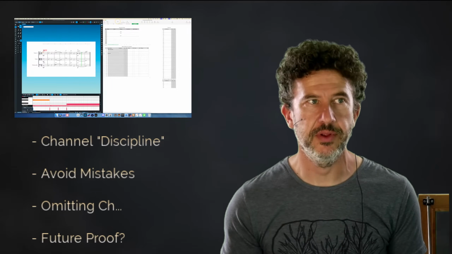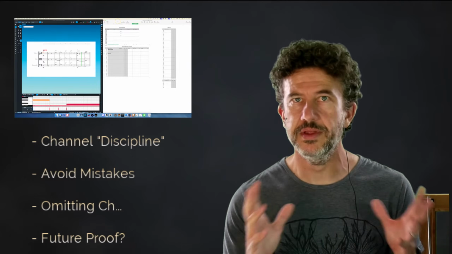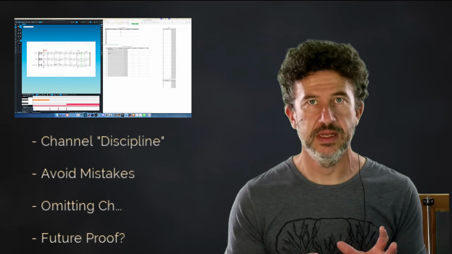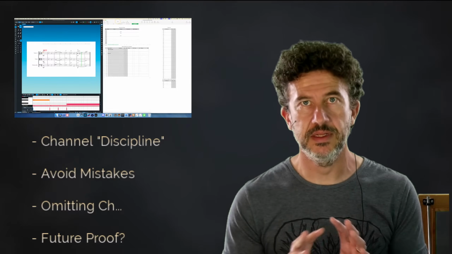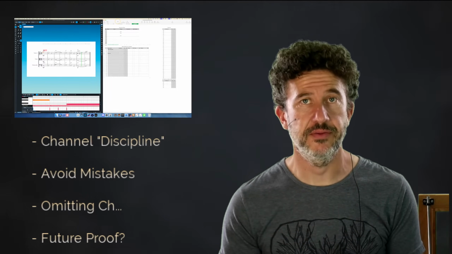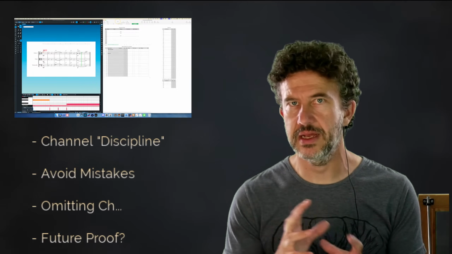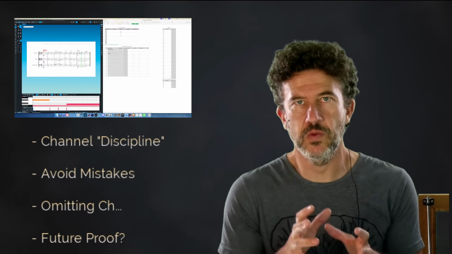So for example, I designate staccatos to channel 3 all the time in all of my instruments, in brass, in winds, in strings, everywhere. Staccato is on channel 3. And it makes it easier for me to do any kind of troubleshooting or any kind of massaging of things when I'm composing.